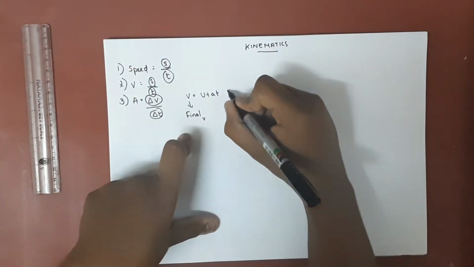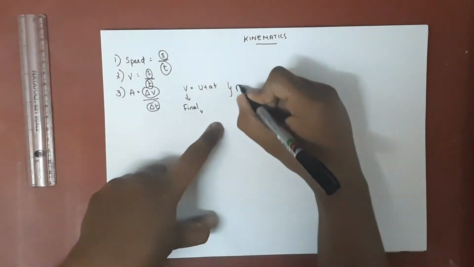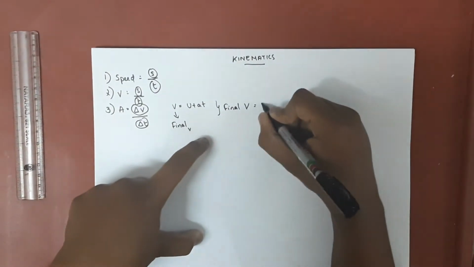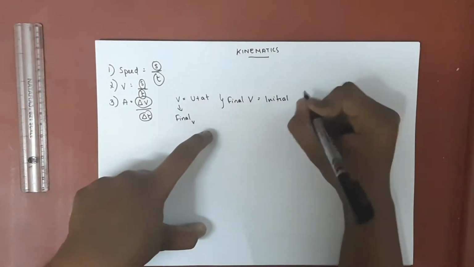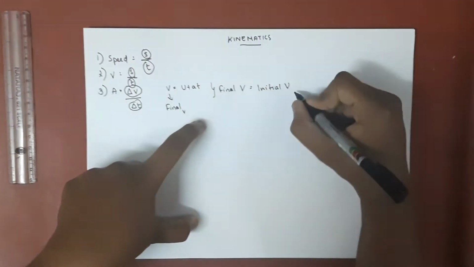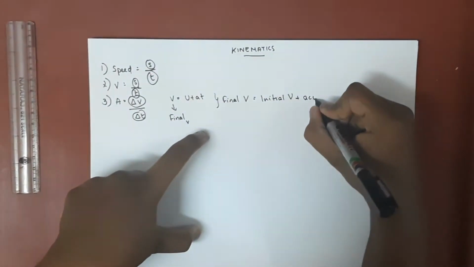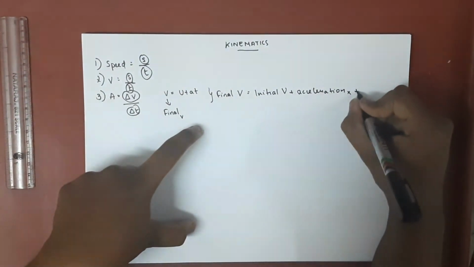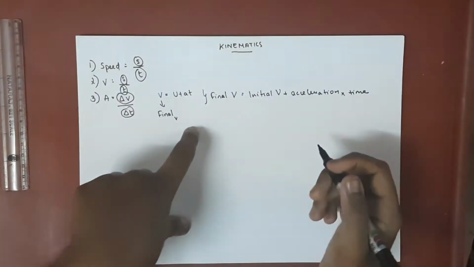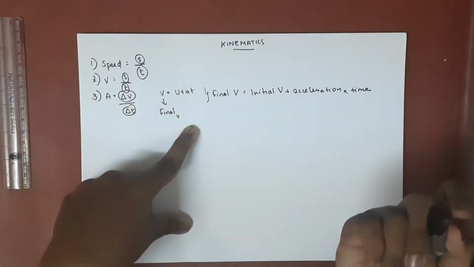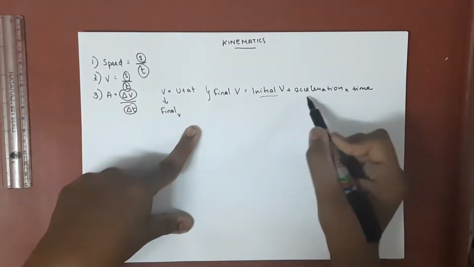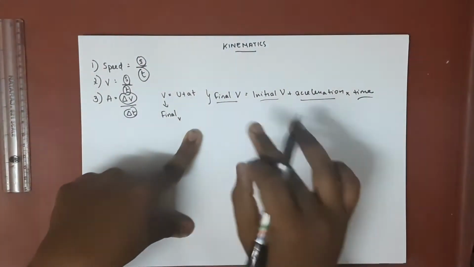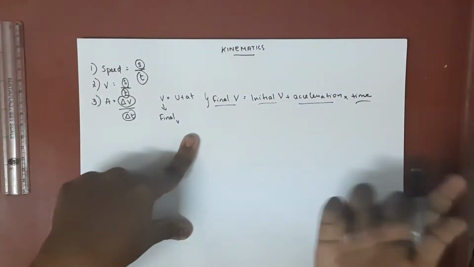I could change this into words if you would want: final velocity is equal to initial velocity plus acceleration into time. I'm not going to work on any examples because I think you would have understood what is initial velocity, acceleration, time, and final velocity, and all the operations. So you can just find the final velocity using this expression.